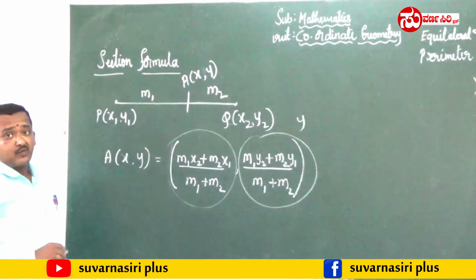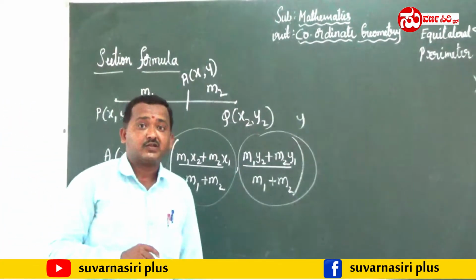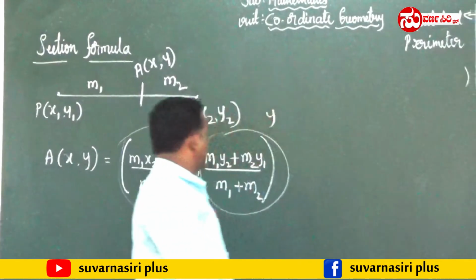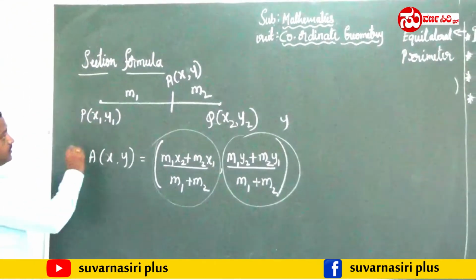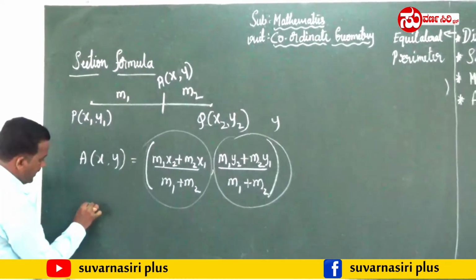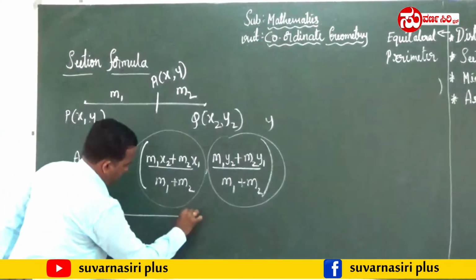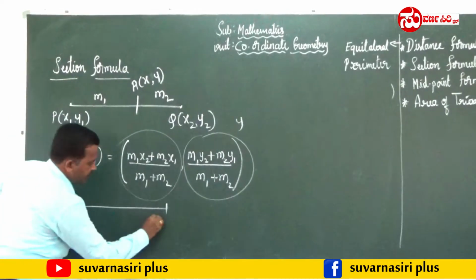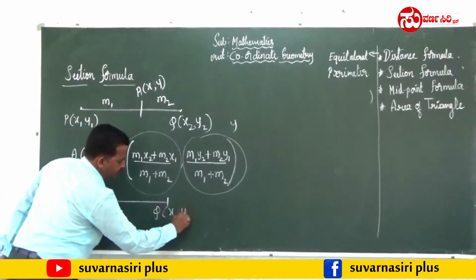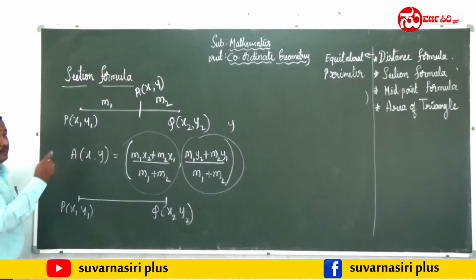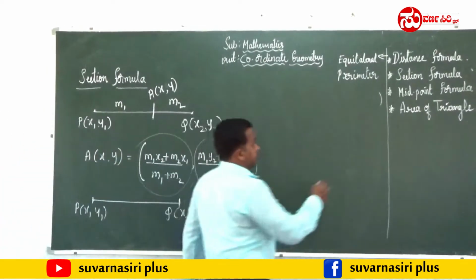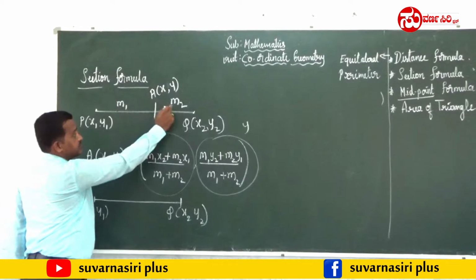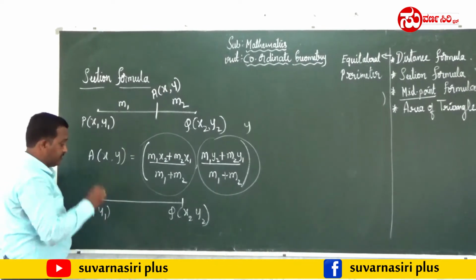From that section formula, we are going to derive one more formula. That is called the midpoint formula. Take the same line, P of x1 comma y1, Q of x2 comma y2. Midpoint, the word itself says midpoint, means the ratio m1 is to m2 will be equal to 1 is to 1.